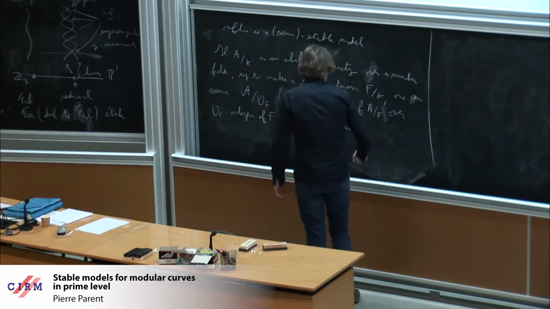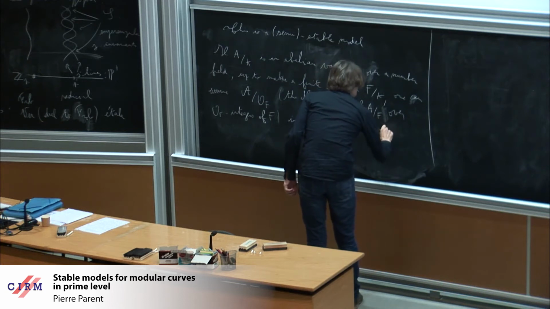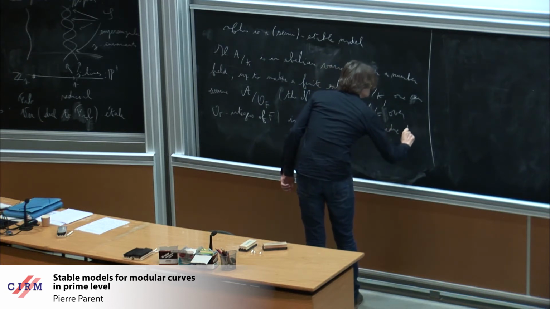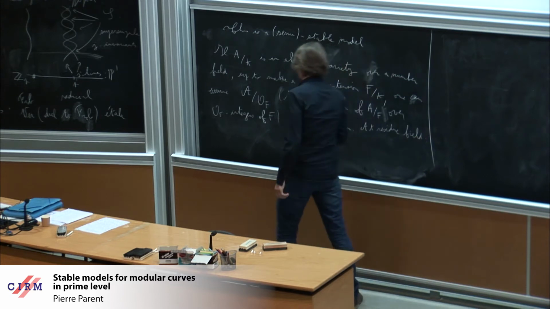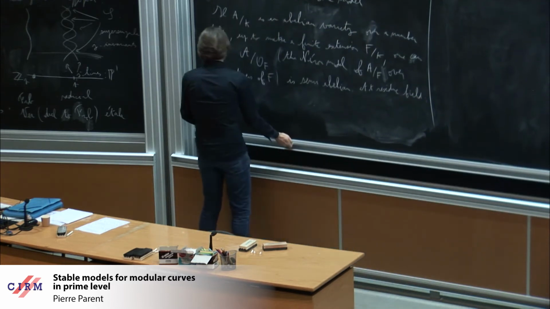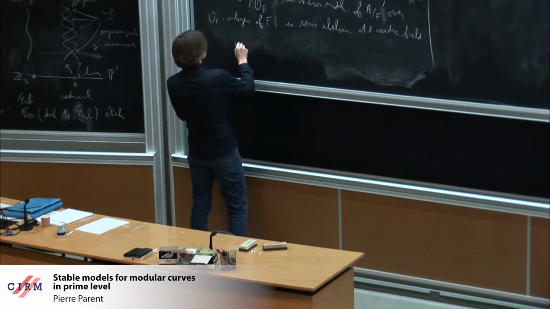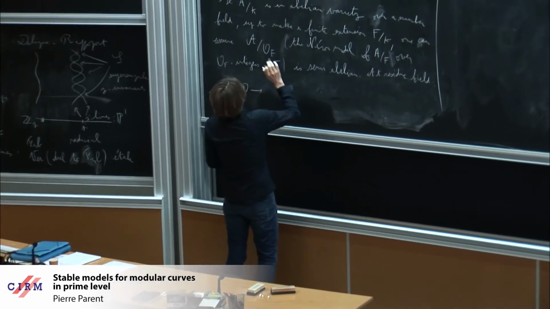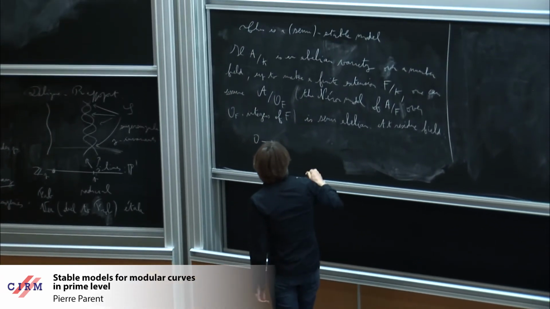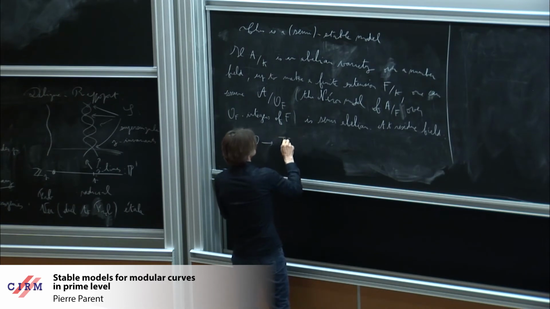So at the residue field, one has the exact sequence describing the reduction. So we know that this guy is the extension of an abelian variety by a torus. So there is a torus here.